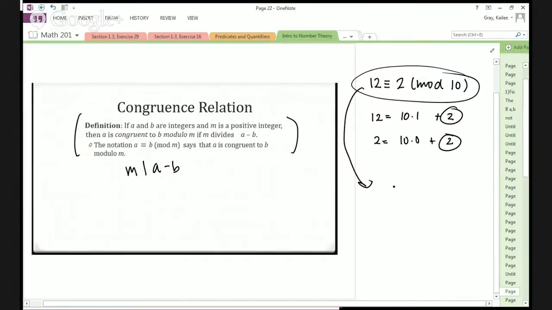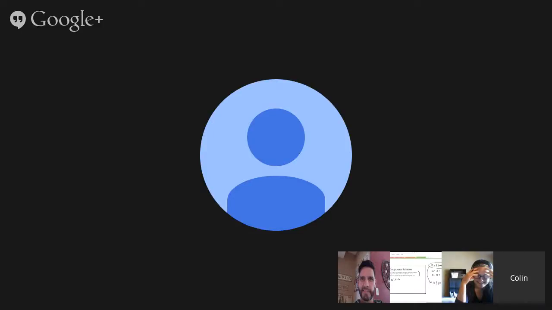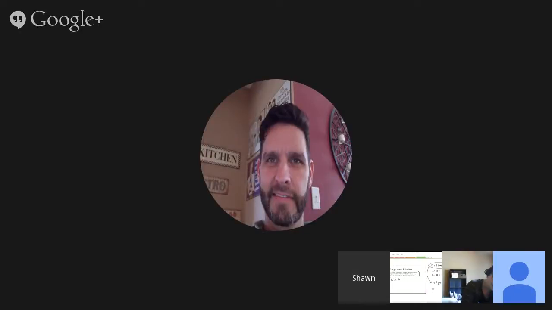If I write this out in terms of the definition, this is saying 10 divides 12 minus 2. Oh, I thought of it. If they have the same remainder, then subtracting those will give us a multiple of 10. What do you guys think? Yeah, that's how I got it. Okay. So 10 divides 10.